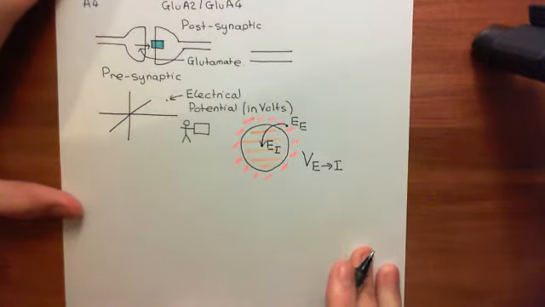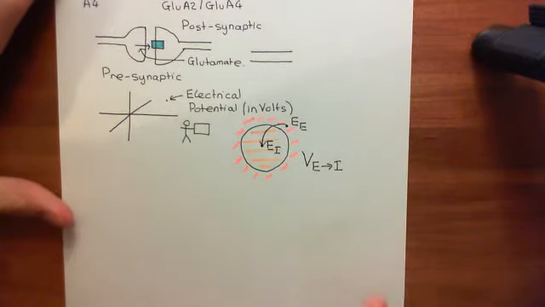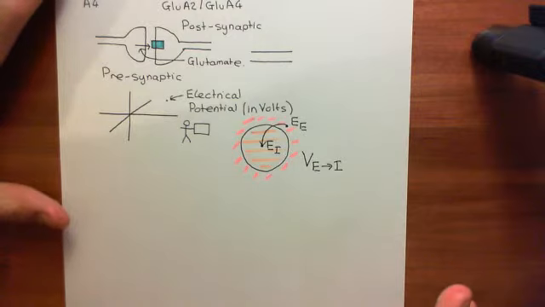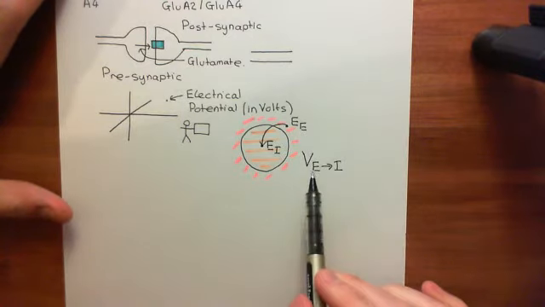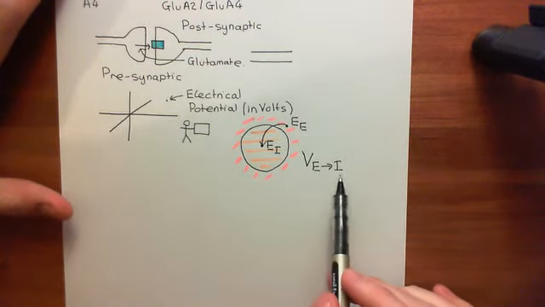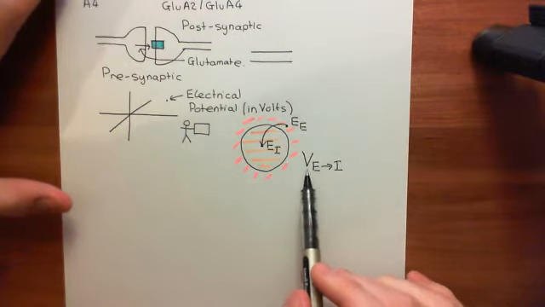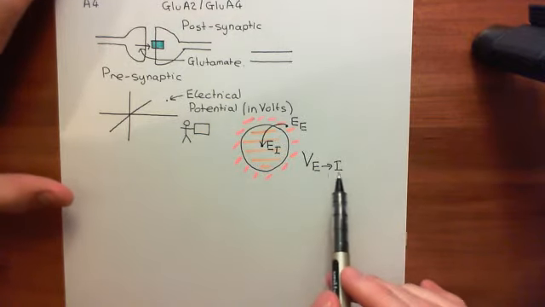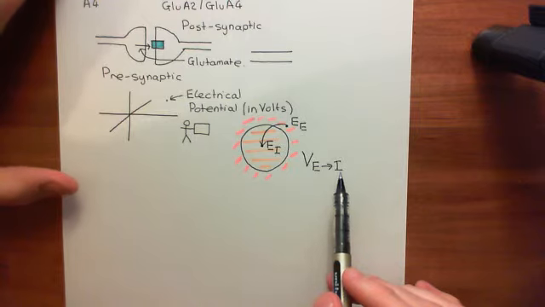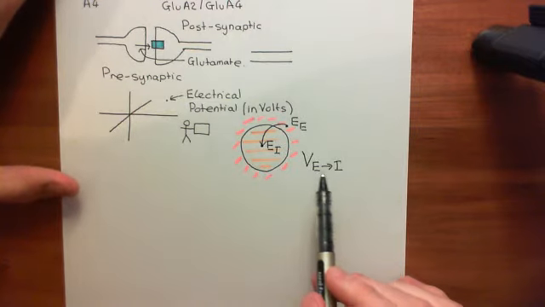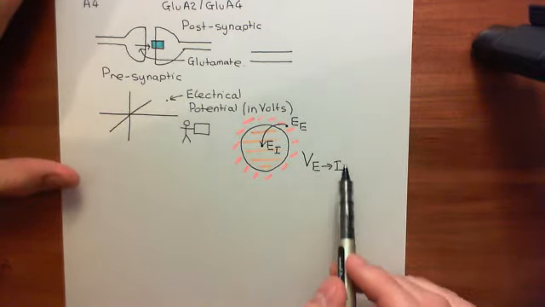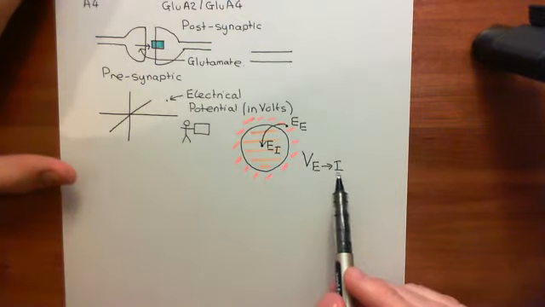However, it's usually dropped. Usually people will just talk about the voltage across the cell membrane, and they'll drop the from extracellular to intracellular, because it is assumed that everyone knows that they mean from extracellular to intracellular.